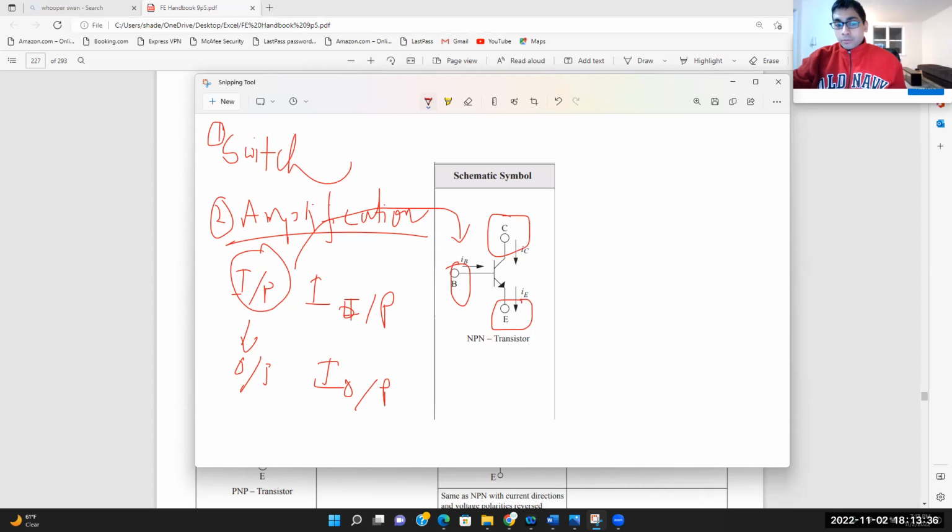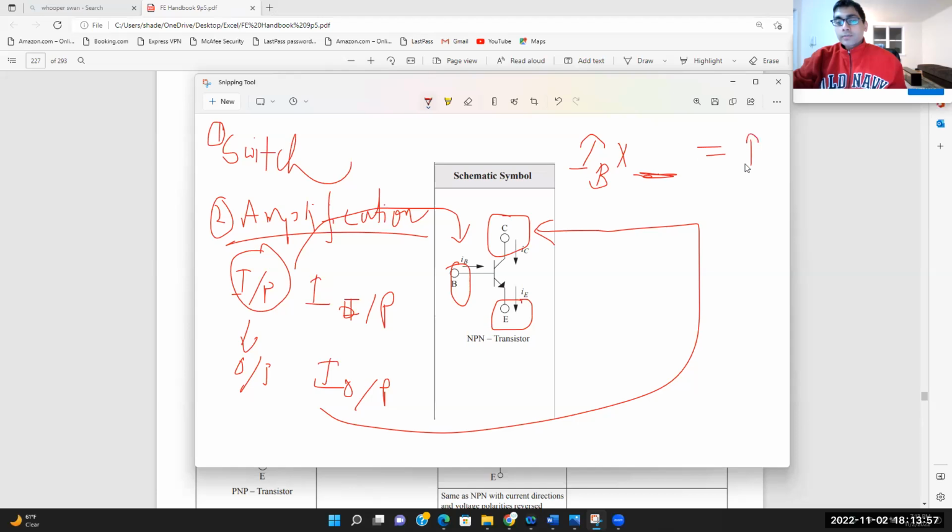When I'm talking about the output, I'm mostly referring to the collector current. So when I'm saying it helps in amplification, that means whatever is my input current has been amplified by a particular amount to give my output current. That's the bottom line.